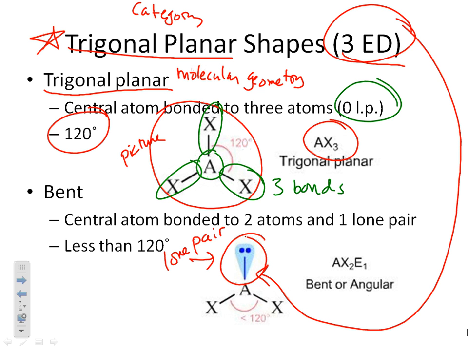The bond angle is less than 120 degrees. And when we say less, we don't mean like 105 degrees or 80 degrees. We mean like 119 degrees, 118 degrees. And it will vary. I'm not giving you a specific number because it will vary depending on what the compound is. What happens is that the lone pair causes additional repulsion.